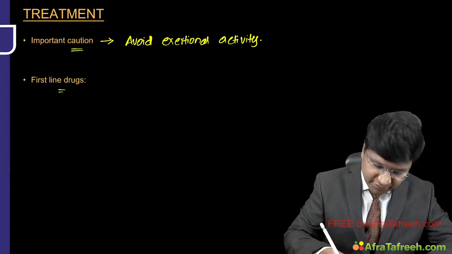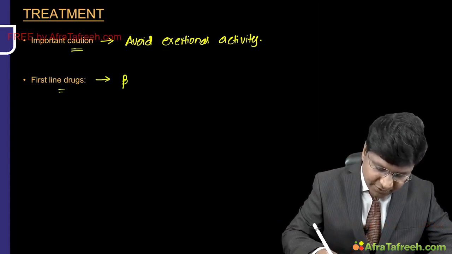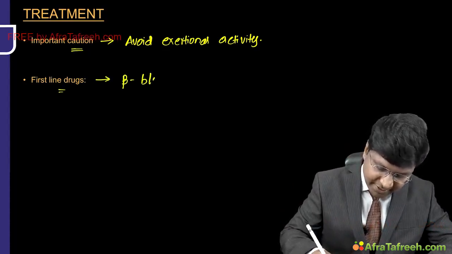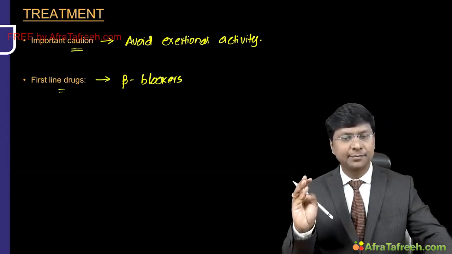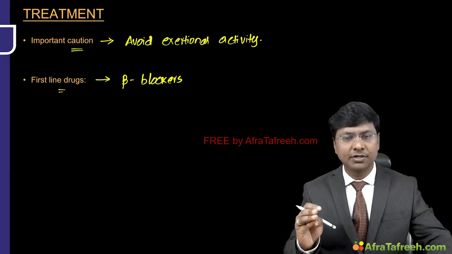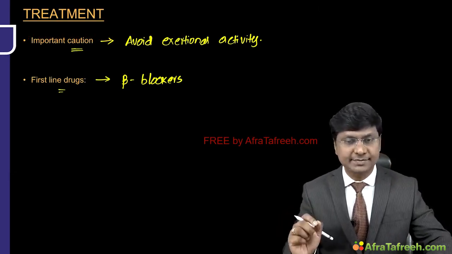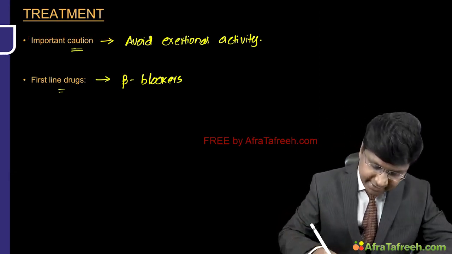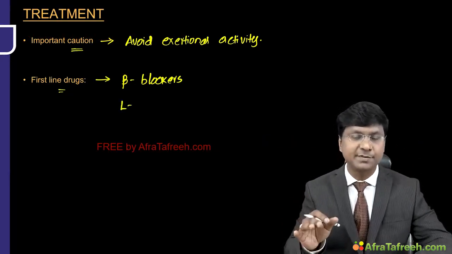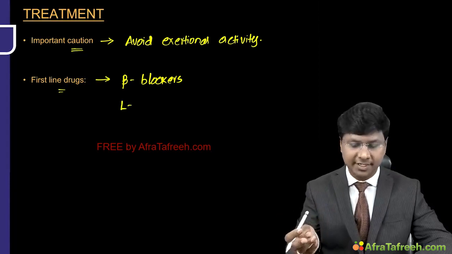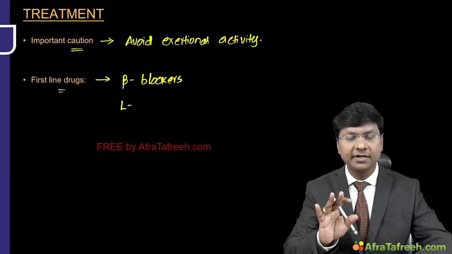Then what are the first line drugs? The first line drugs are the beta blockers. These include either propranolol, which is a non-selective beta blocker, or you can use a selective beta blocker, that is, metoprolol. If beta blockers are contraindicated in respiratory pathologies like COPD and bronchial asthma, we usually avoid giving them.